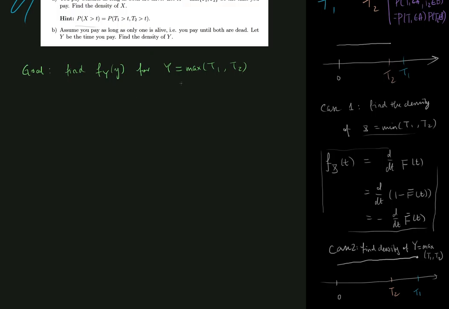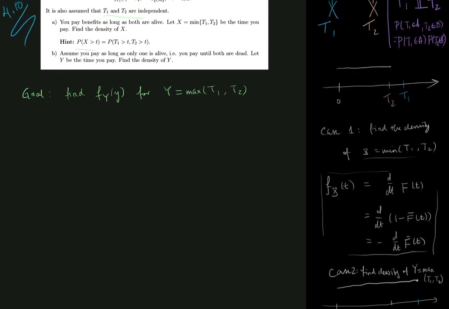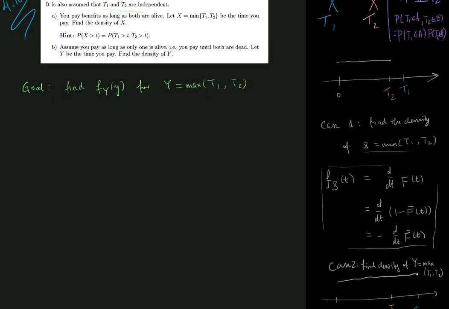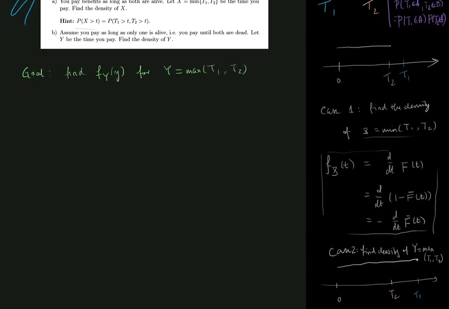So let's just consider T1 and T2. Let's consider what values of Y result from which values of T1 and T2. If both T1 and T2 are smaller than some value, then that must mean that Y is also smaller than that value.